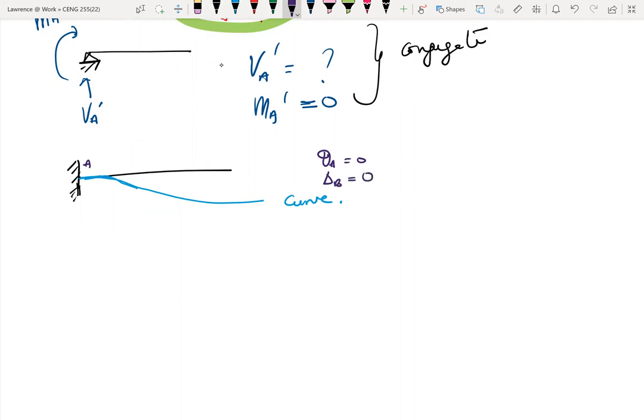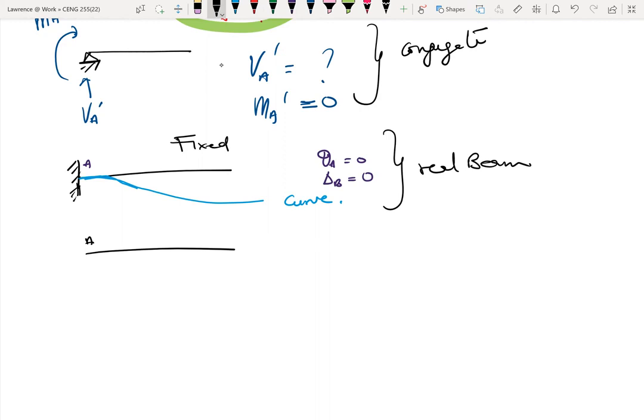So now we need to find a beam which can give us the case whereby the shear at that point and the moment at that point will be 0. And the only beam that we can think of, so if this is fixed, again, this is the real beam, is to have a beam whereby there's no support.